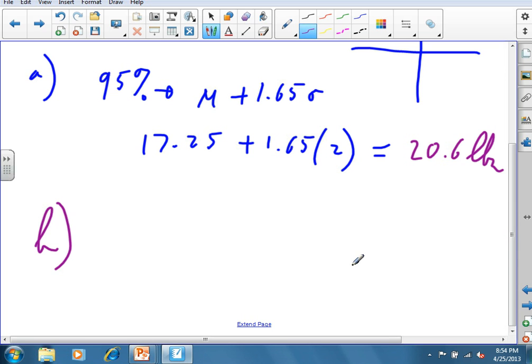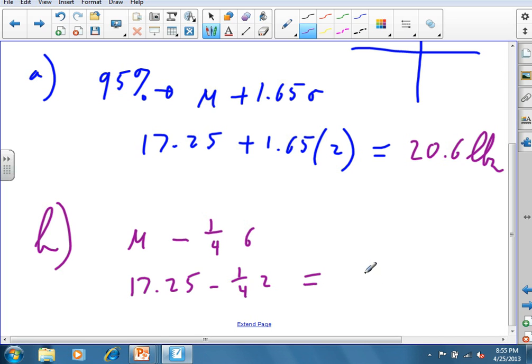Anyway, you have 50, 50, 90, right? Suppose that a 6-month-old baby weighs in the 40th percentile. Estimate the weight to 2 decimal places. Wow. Okay, so 40th percentile, mu minus 1/4 sigma. 17.25 minus 1/4 of 2, which is a half, right?